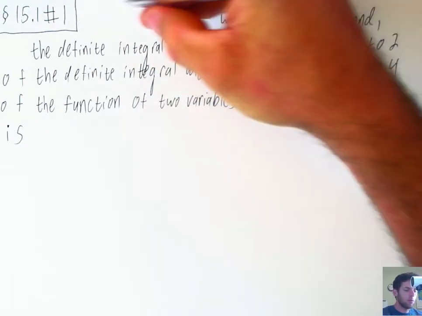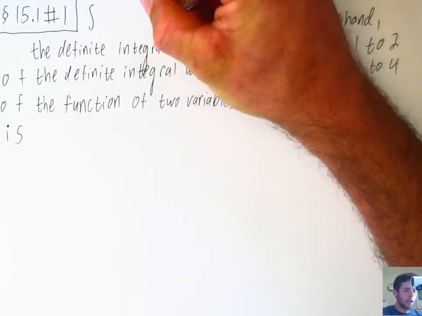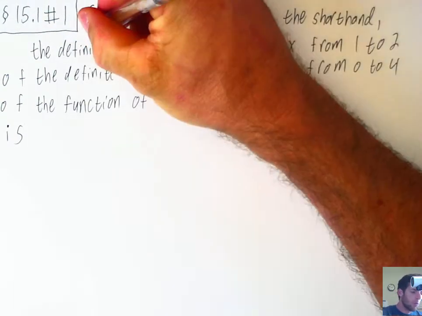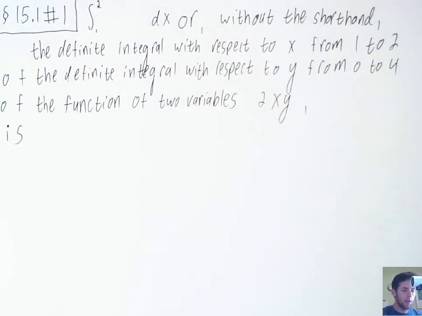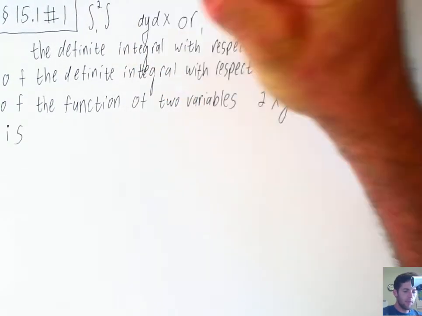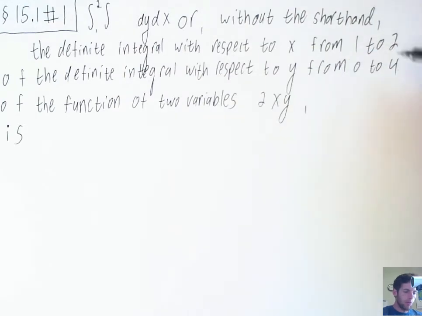The definite integral with respect to x, that will go on the outside, from 1 to 2 of, so this is the definite integral, now I put it in an integrand, and the integrand is the definite integral with respect to y from 0 to 4.